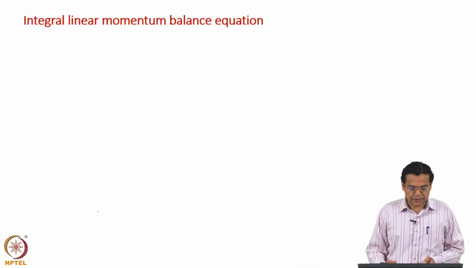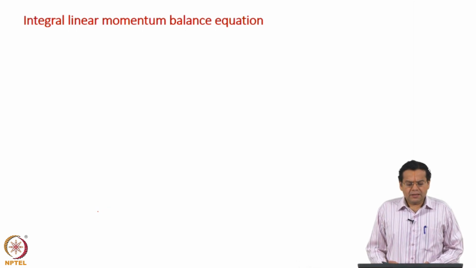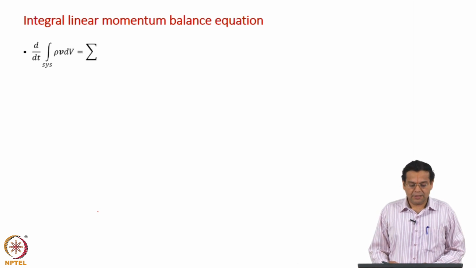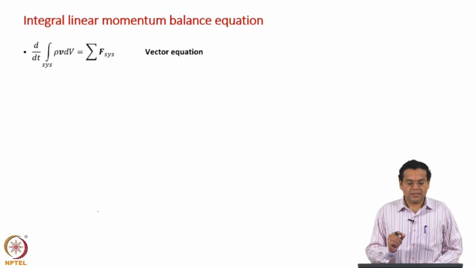And of course, the first observation on this equation is that it is a vectorial equation. On the left hand side you have the V vector, on the right hand side the force vector. That is the first observation. This vectorial nature distinguishes this equation from all other equations.